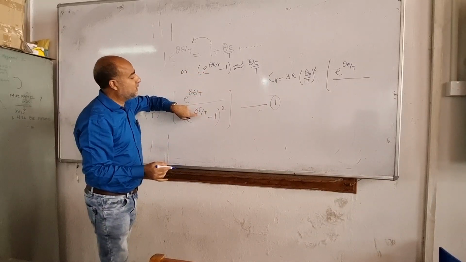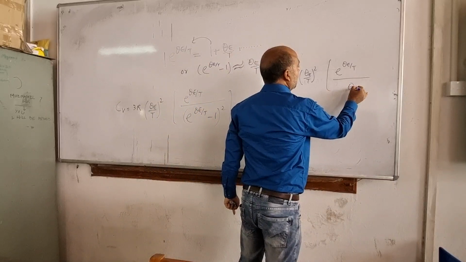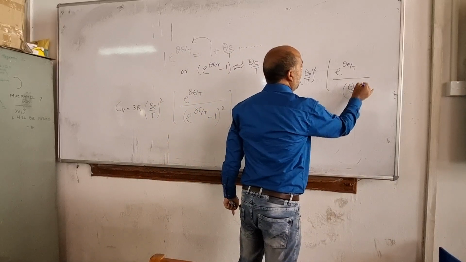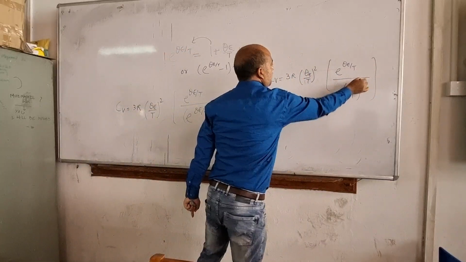But that is (theta_E by T) whole square, so this and this will cancel.